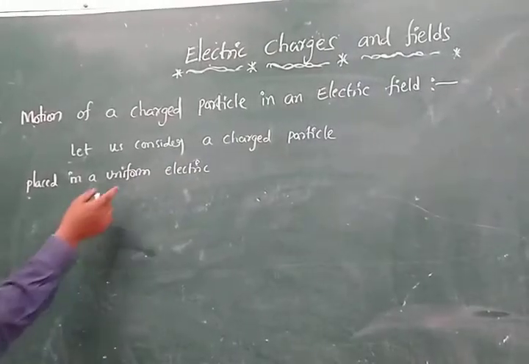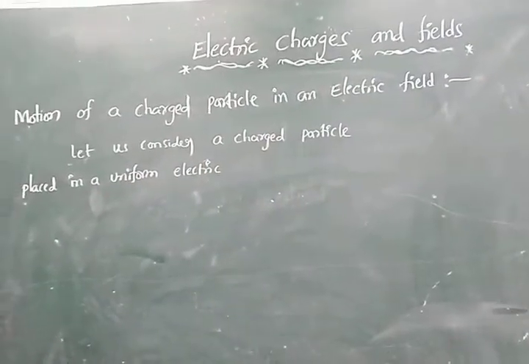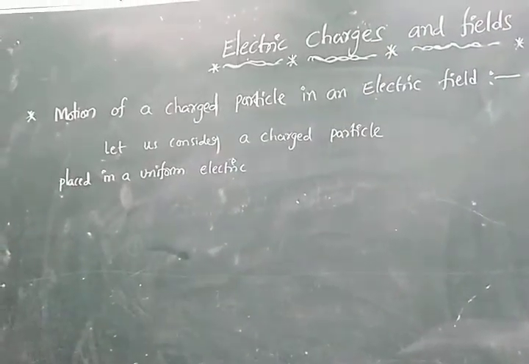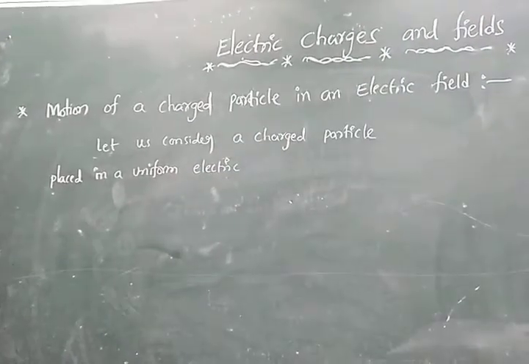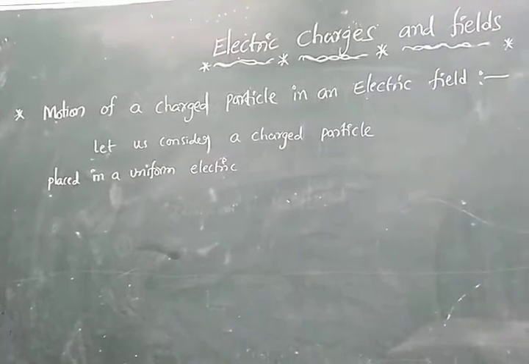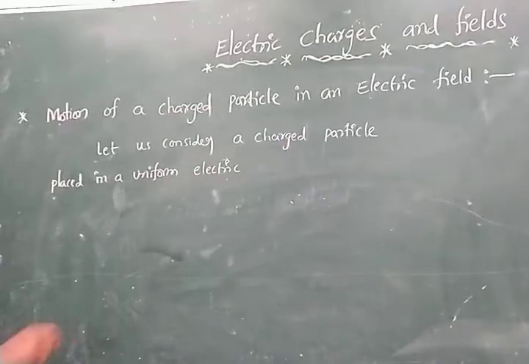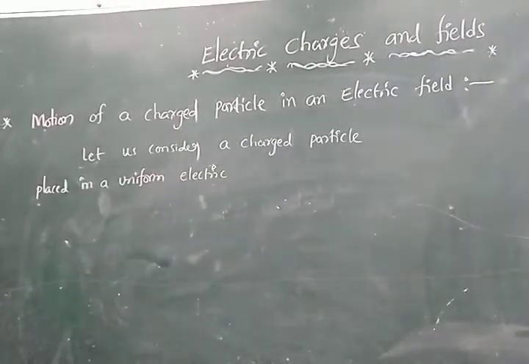What is meant by uniform? Uniform means that at each and every point an equal force is acting. Non-uniform means that at each point the same force is not acting. The previous class discussed uniform and non-uniform.